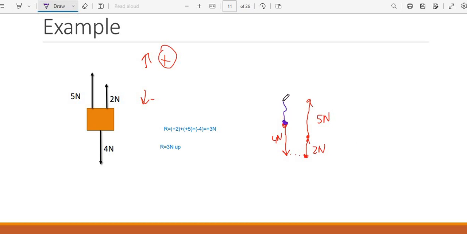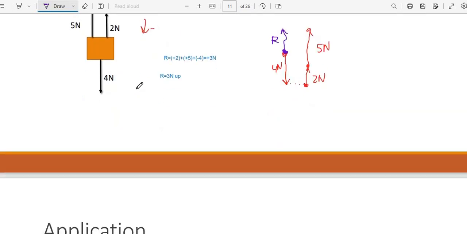So that over there, which is supposed to be straight, that will be my resultant, which is having an upward direction.